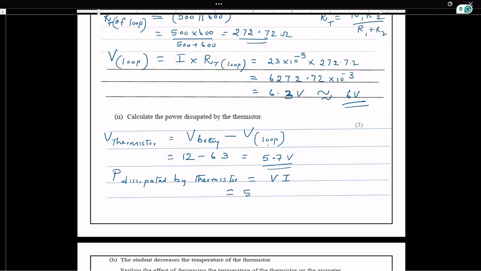The voltage is 5.7, and through the thermistor also the same current is flowing because it's connected in series, 23 times 10 to the power of minus 3. So this is giving a value of 131.1 times 10 to the power of negative 3 watts. This is the power dissipated by the thermistor.